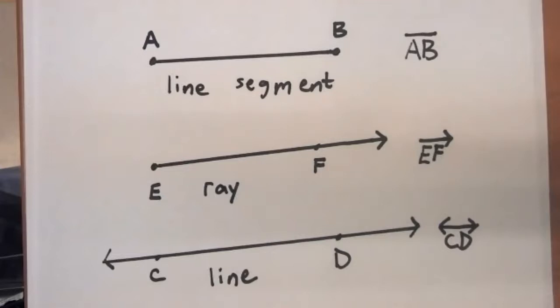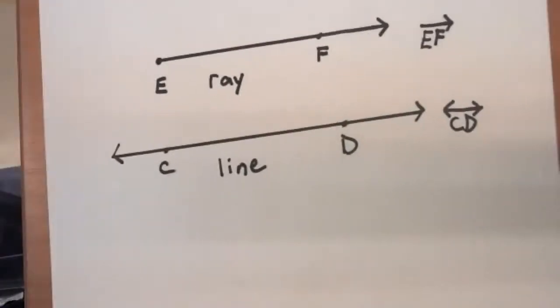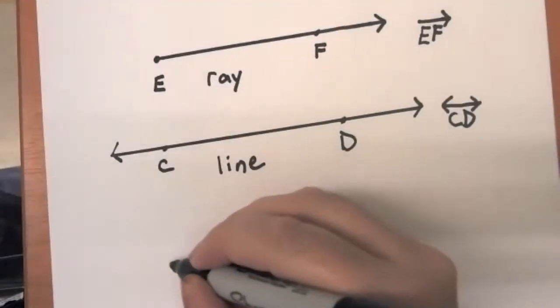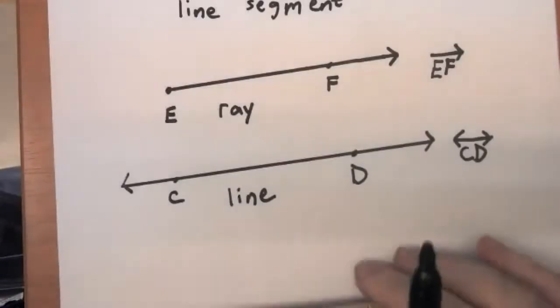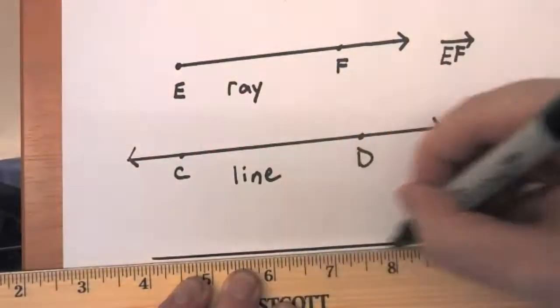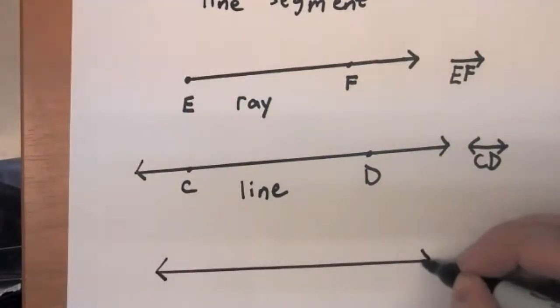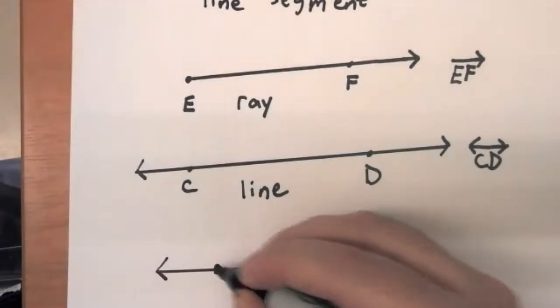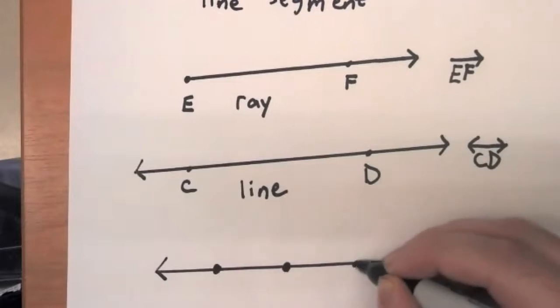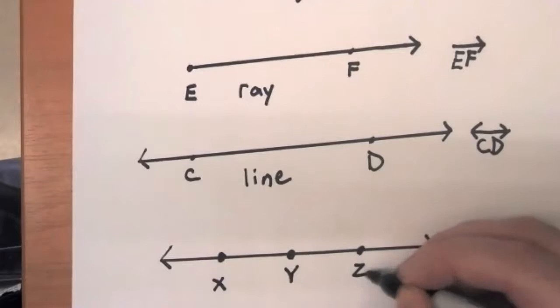The last kind of idea that we want to be sure that we're talking about is if I've got a line, let me draw a line here. And I've got 3 points that are on that line. So X, Y, and Z are all points on this line.